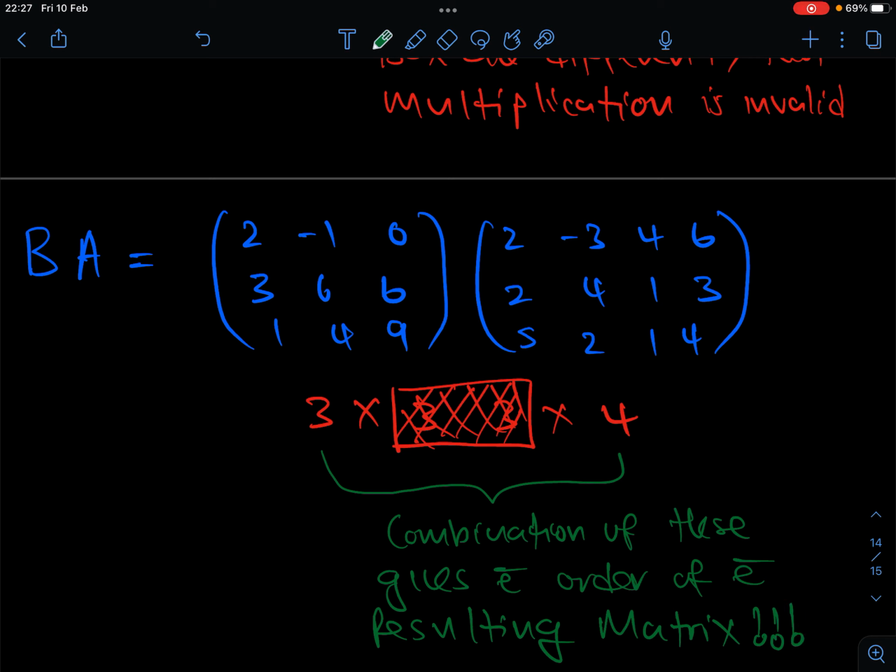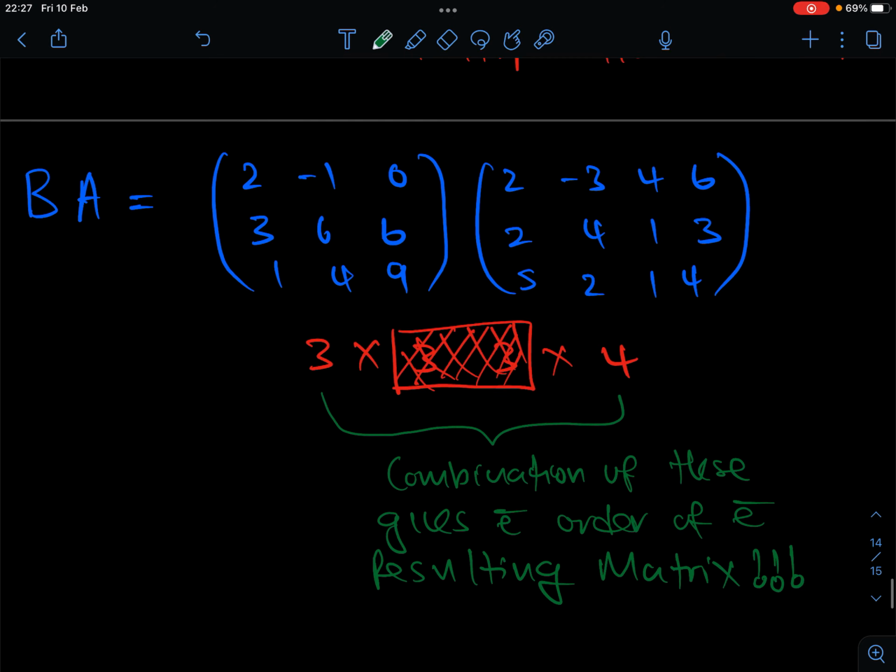So it means if you are to perform this multiplication, the answer that you must get must be a 3 by 4 matrix. That's the importance of these numbers on the outside. So your answer must be a 3 by 4 matrix.